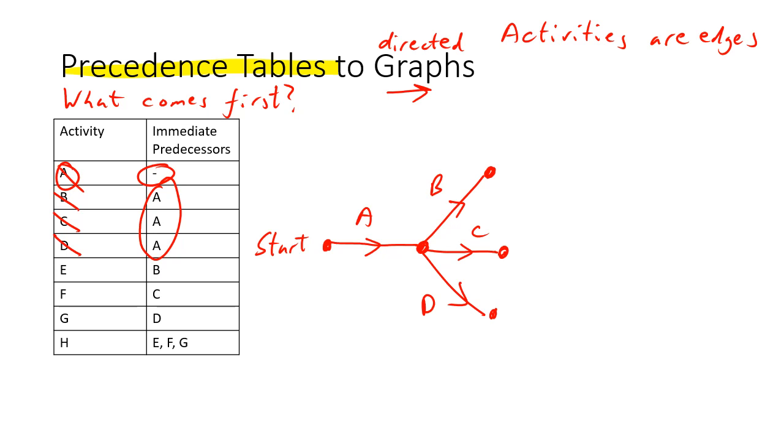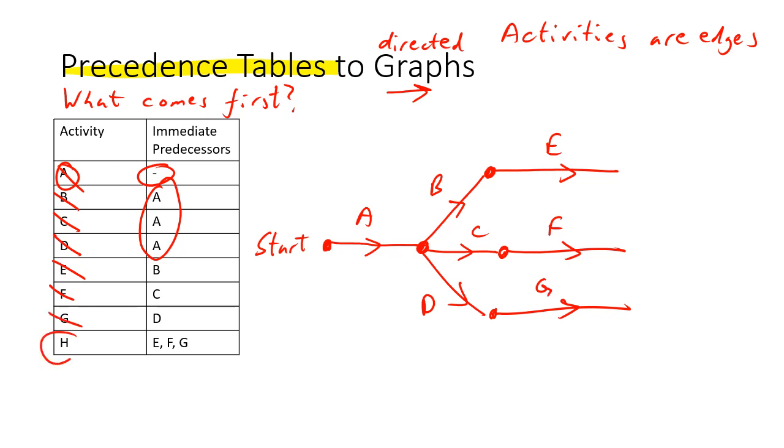So from B, now that we've done B, we can do E. So let's do an arrow and say E. That's that one done. F needs C, and G comes from D. That's all done.